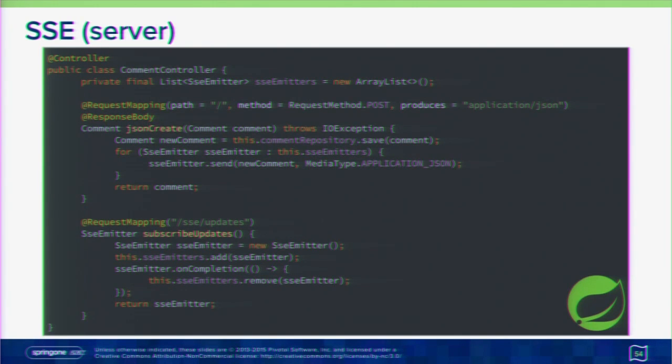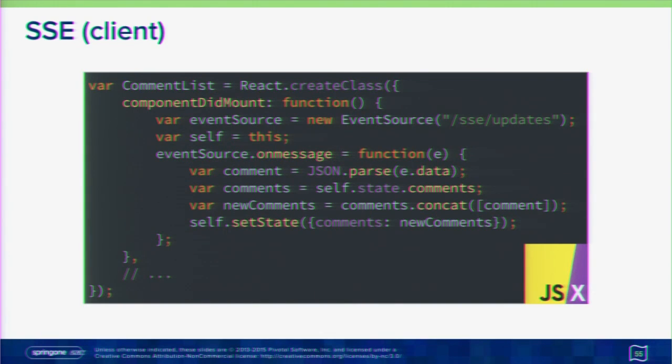It subscribes to the /SSE/ server-sent events endpoints. It will create an SSE emitter that will be added to a list of SSE emitters. And when you create a new comment, you will basically iterate over all the SSE emitters and send them the new comment we have created in order to push this information.